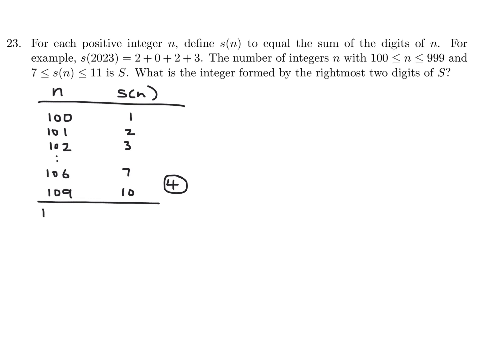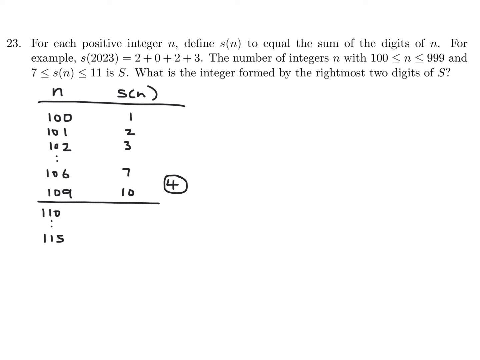Then we're going to go from 110 to 119, which is the next set of 10. And that will give me sums of 7, 8, 9, 10, 11. Let me write it out. I'm going to skip over the ones that we don't care about.